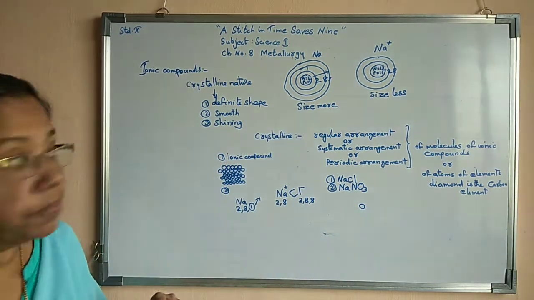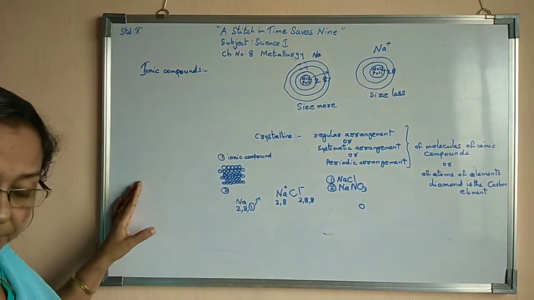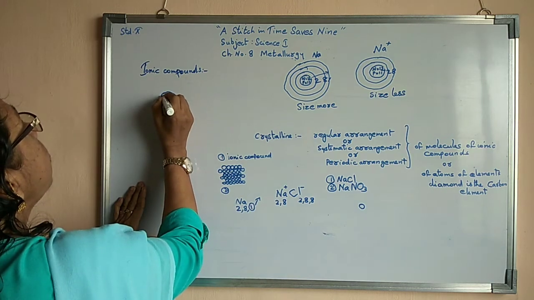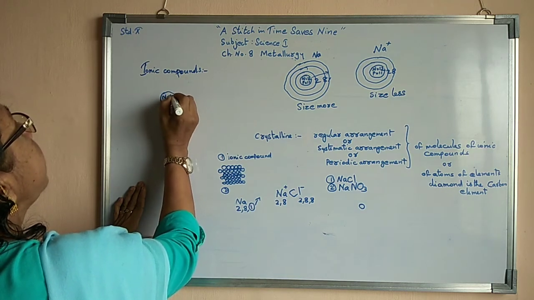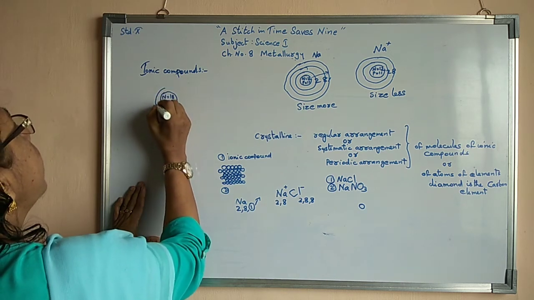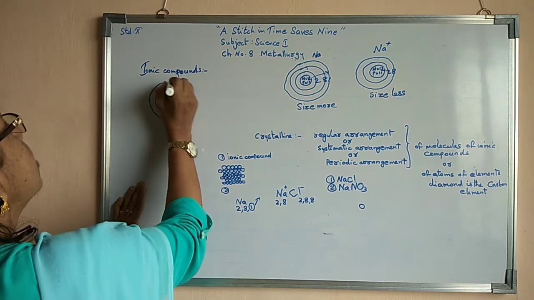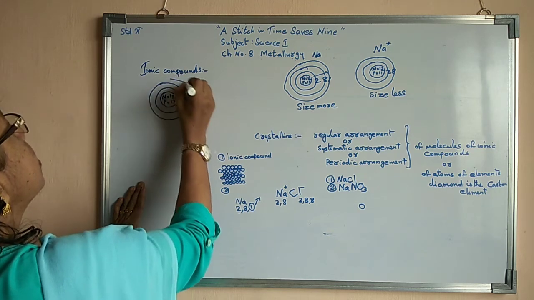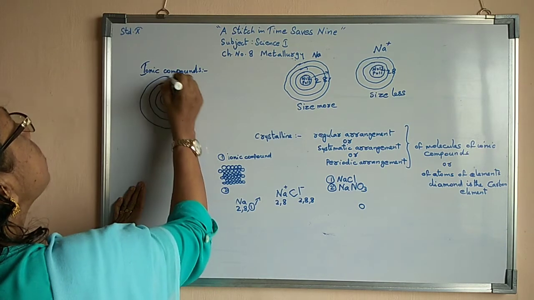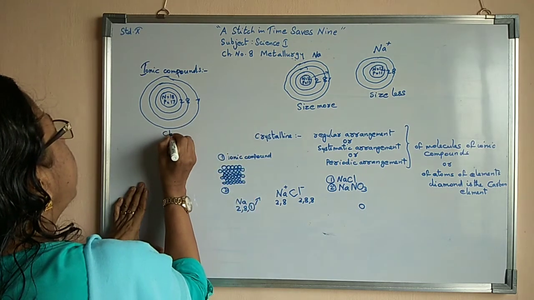I am erasing this part because a little larger figure is required. Here neutrons number 18, protons number 17, first orbit 2 electrons, second orbit 8 electrons, third orbit 7 electrons. This is the chlorine atom.